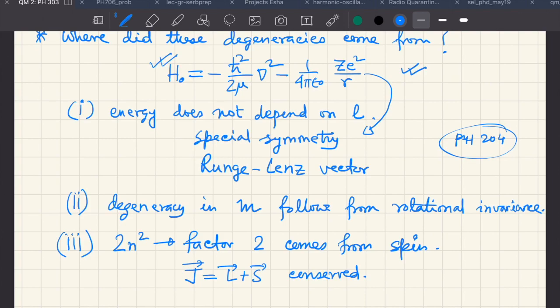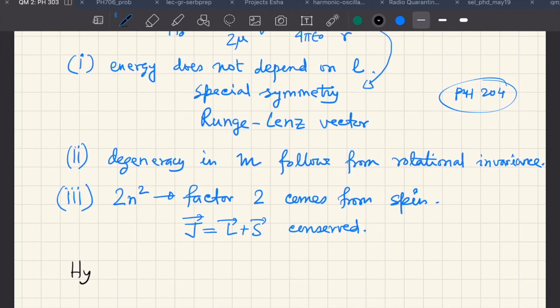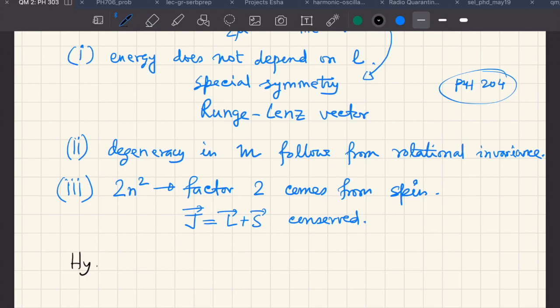That's what this whole discussion so far tells us. And what will it give us? It will actually give us what is known as hydrogen atom fine structure.